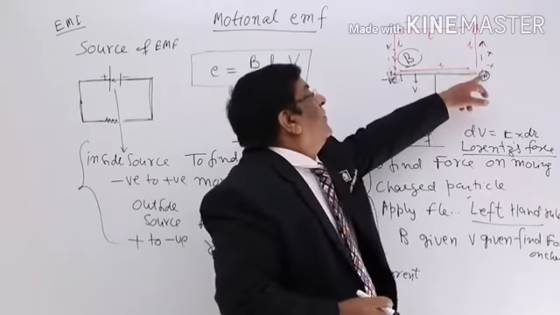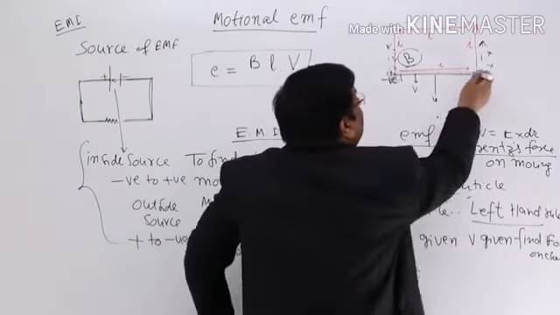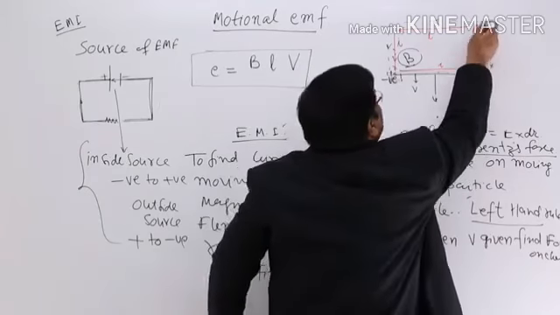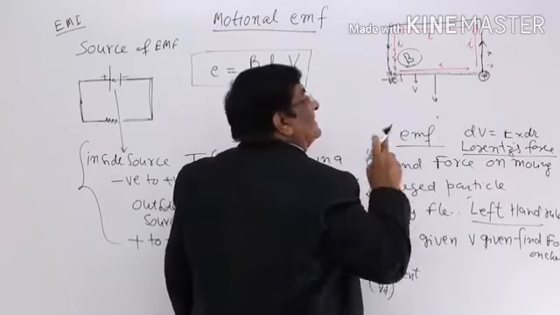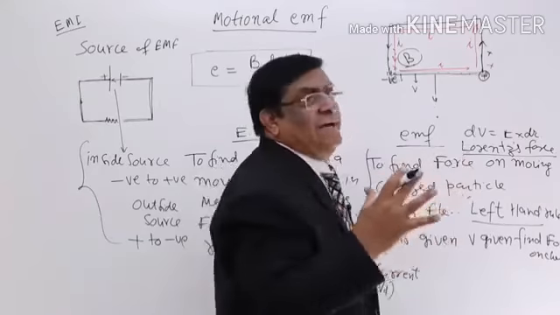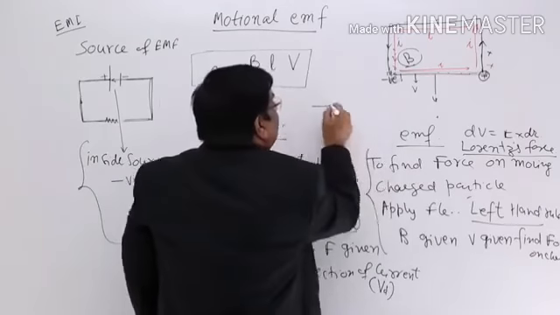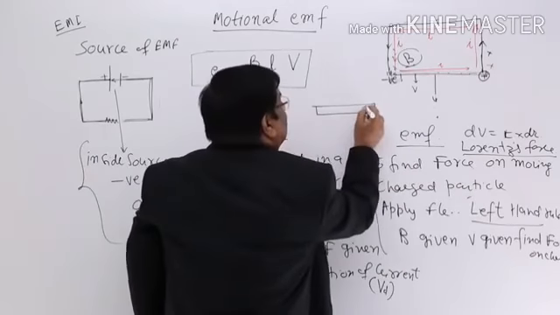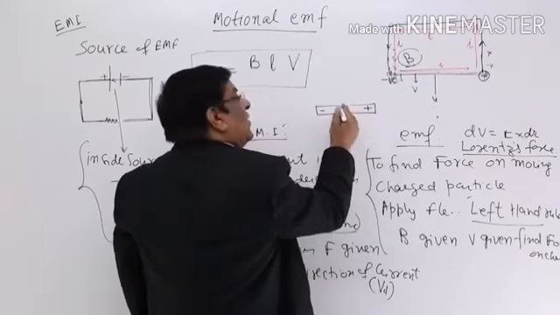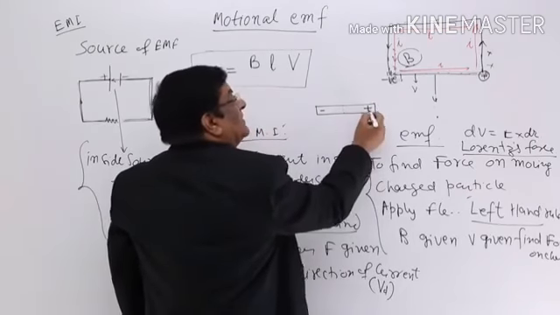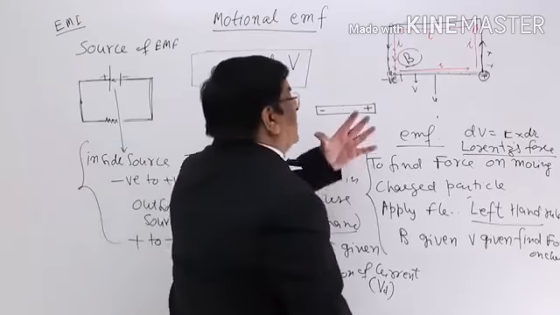The current flows from positive to negative in this way, because this is the circuit. If we complete the circuit, then only current flows, otherwise current will not flow. There will be a conductor here, this side is the positive terminal, this side is the negative terminal, that's all. All the positive charges are here, negative charges here, no current.